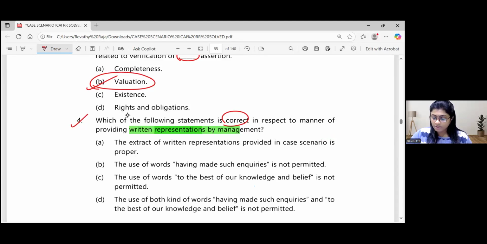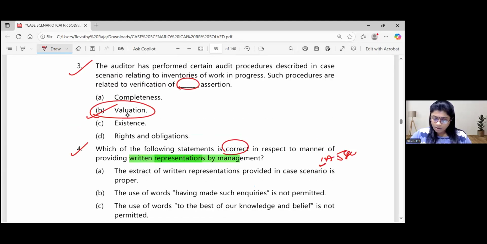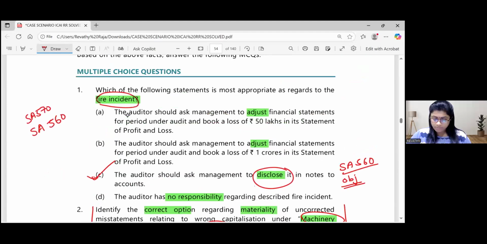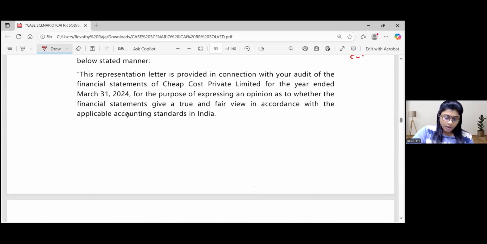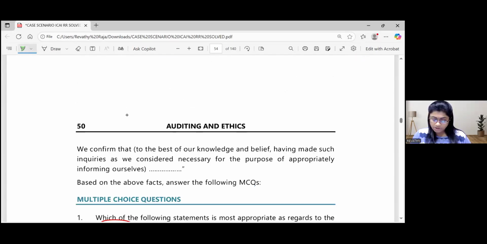Can you go in search of written representation? Where is written representation? Here. The representation letter in connection with the audit, they have given. Here is a representation letter, next page.